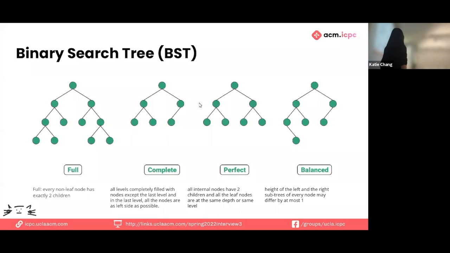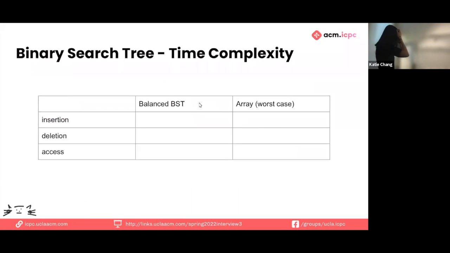Specifically, they call it a degenerate tree. So basically, it just looks like a linked list, and that does not help us with time complexity because we still have to traverse through the whole thing in order to get whatever we want. So that's not ideal.